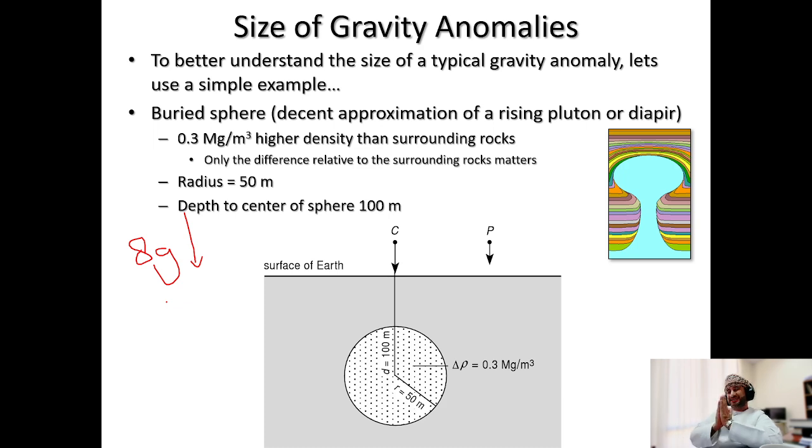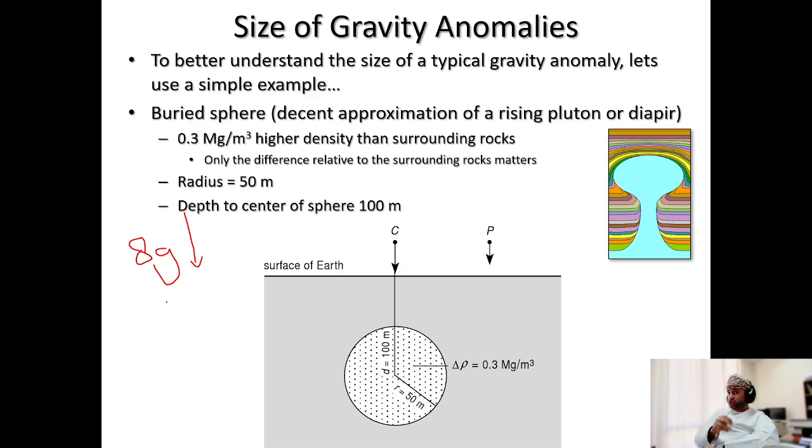We are measuring relative change, the change in acceleration due to gravity from one point to another. Those points are the measurement points. I take a measurement at a specific point, I move some distance to another point and measure how much gravity has changed.